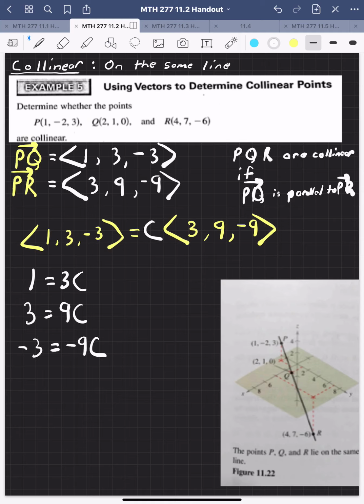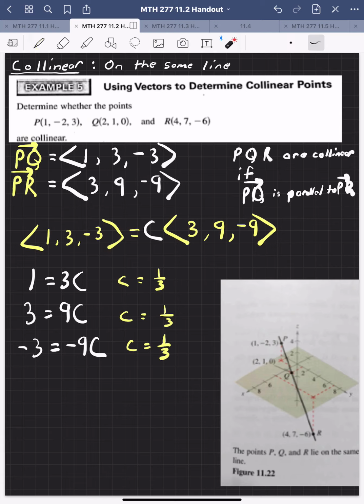And the only thing I care about is that when I solve for c, I get the same value. Okay? So in this case, c is equal to 1/3. In this case, c is equal to 1/3. In this case, c is equal to 1/3.